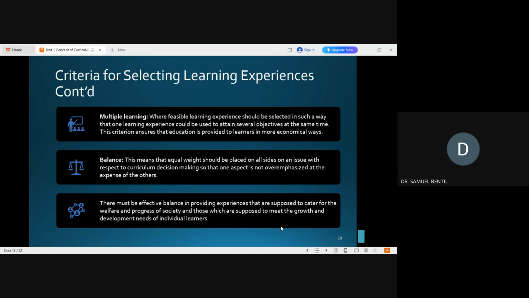Then we have balance, which is just the same as what we said in content organization. This means that equal weight should be placed on all sides of the issue. So if you're selecting activities, they should be reflective of all 3 areas of geography, not only one side at the disadvantage of the other.